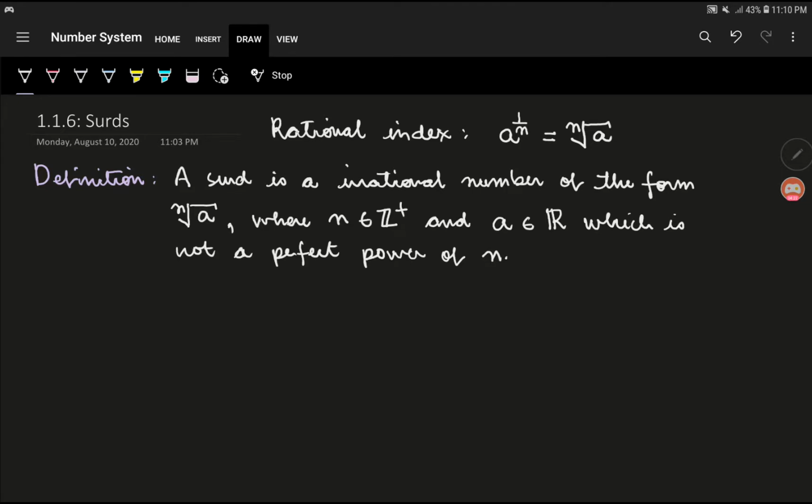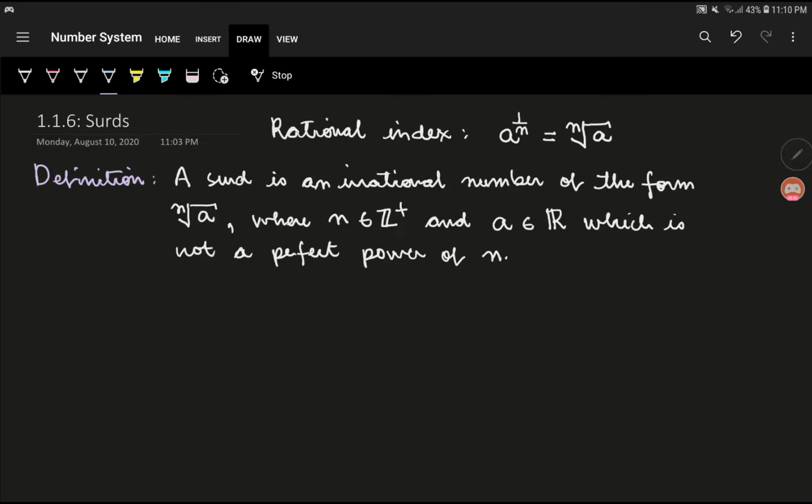So we define a Surd as an irrational number. Remember in the first video we talked about irrational numbers, that is a number that cannot be represented in the form of a ratio. So a Surd is supposed to be an irrational number of the form n-th root of a, where n is a positive integer and a is a real number that must not be a perfect power of n.